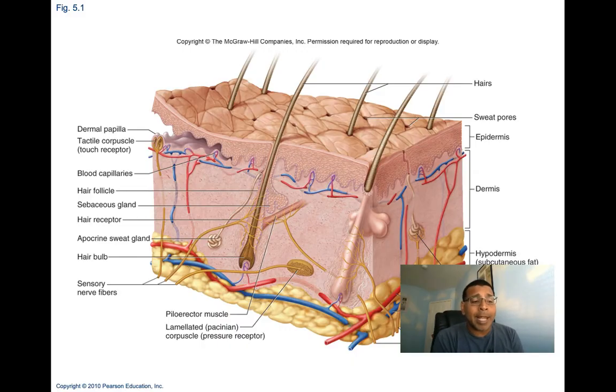The dermis contains nerve fibers, blood vessels, lymphatic vessels, hair follicles, and also oil and sweat glands. And when you talk vascularity, we'll see the dermis has a rich supply of blood vessels.